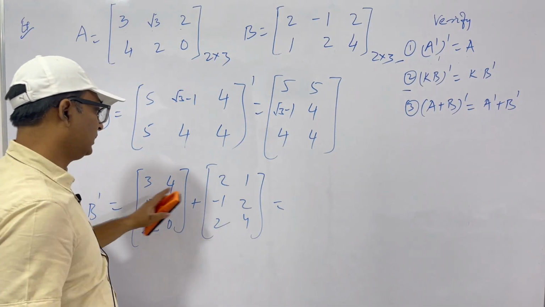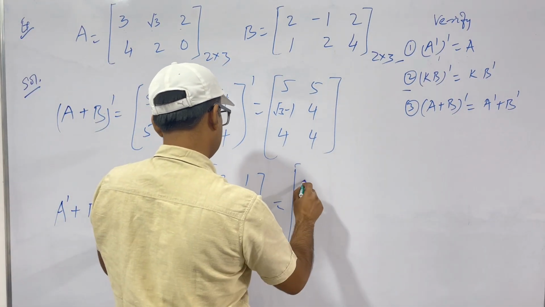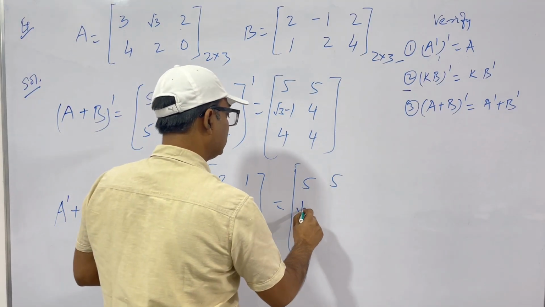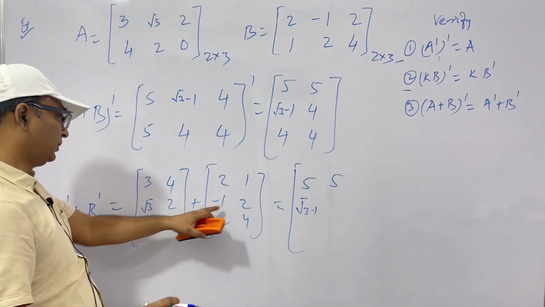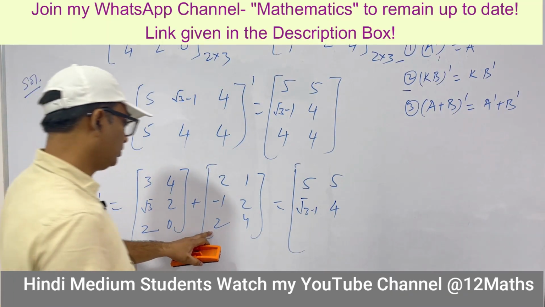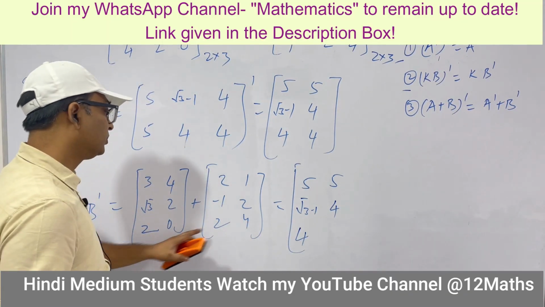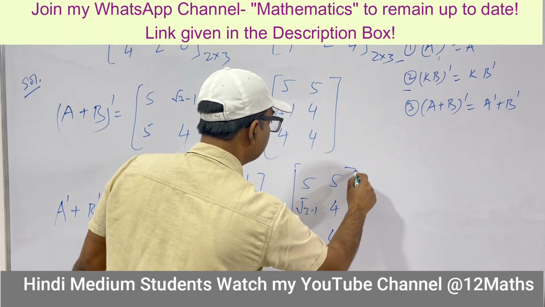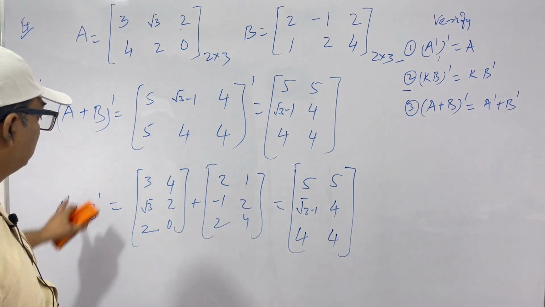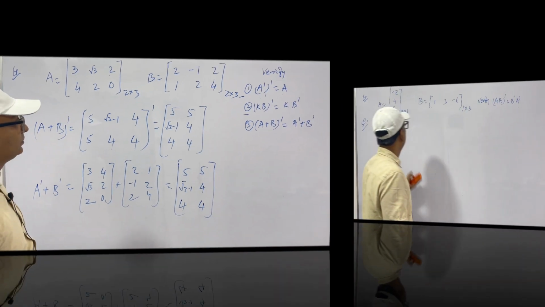So this becomes 3+2 = 5, 4+1 = 5, root 3 - 1, root 3 - 1, 2+2 = 4, 2+2 = 4, 0+4 = 4. So this is equal to this, you can see. So (A+B)' is A' + B'.